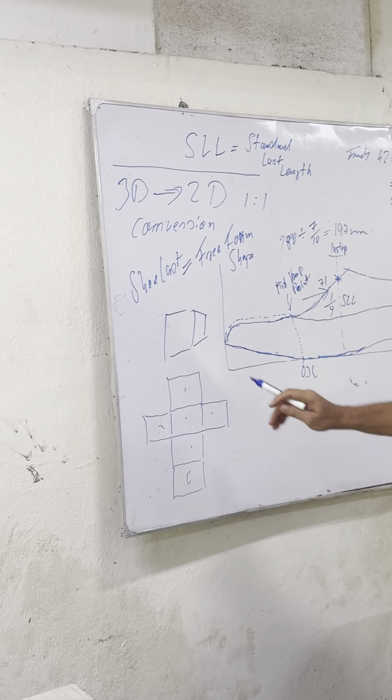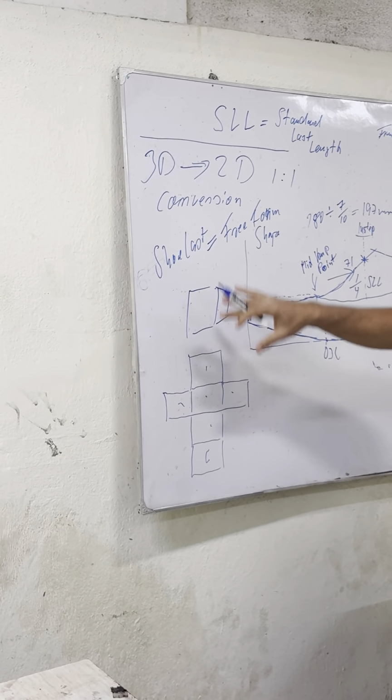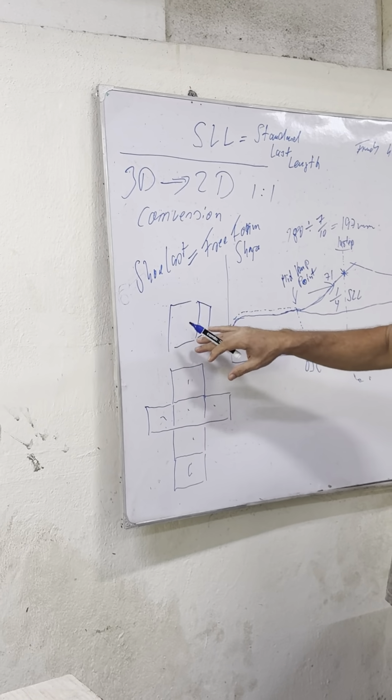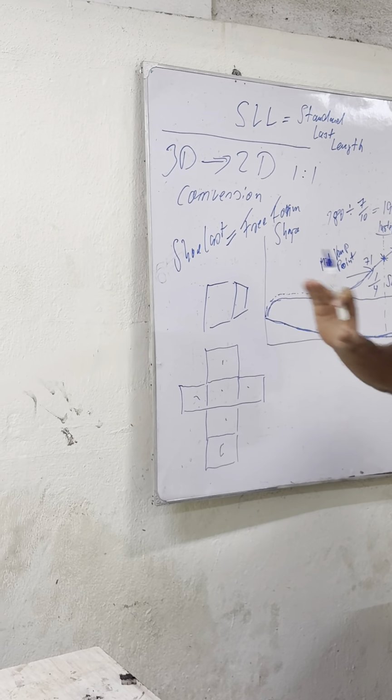And this will be 1-to-1 from 3D to 2D. And again, I can put it back 1-to-1 on the cube. There's no problem. It will become 100%.